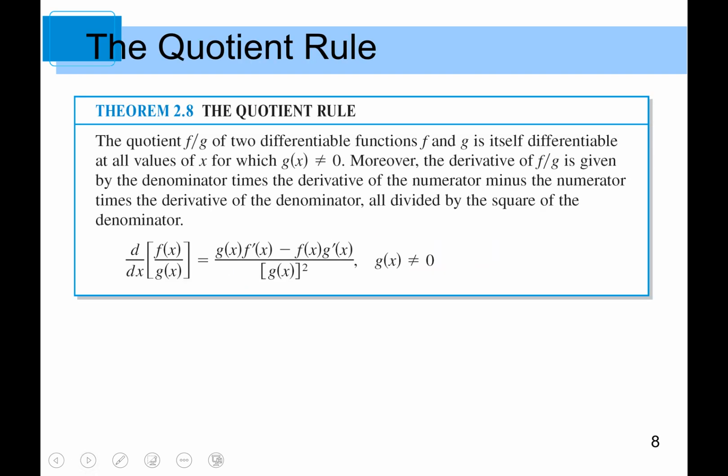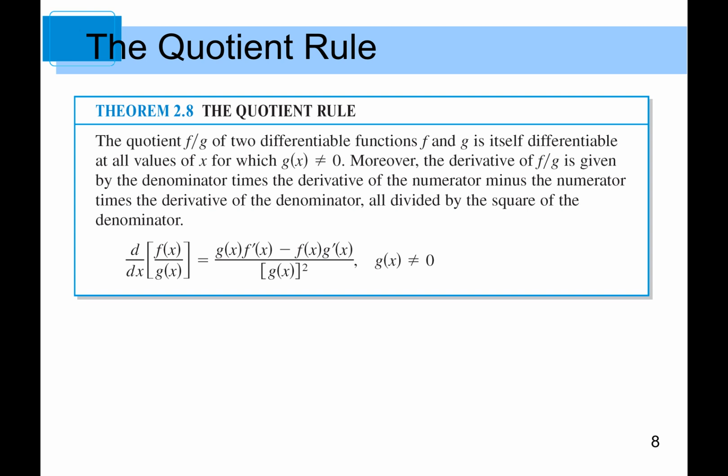Let's take a look at the theorem. The quotient rule: the quotient f over g of two differentiable functions f and g is itself differentiable at all values of x for which g of x is not equal to 0. Moreover, the derivative of f over g is given by the denominator times the derivative of the numerator, minus the numerator times the derivative of the denominator, all divided by the square of the denominator.